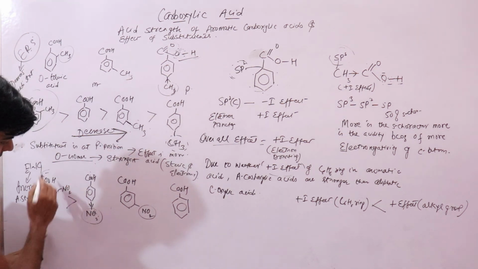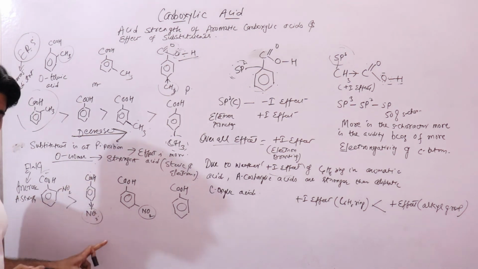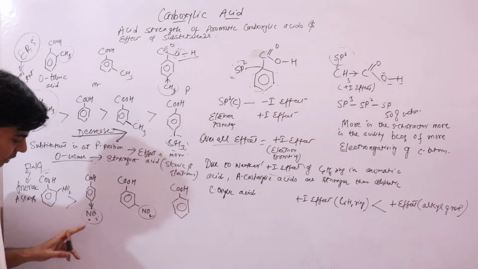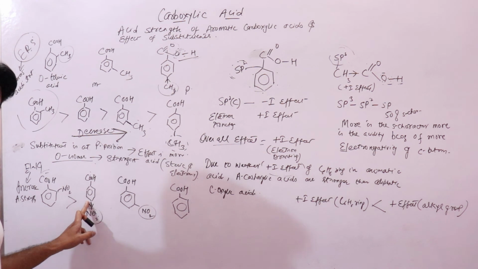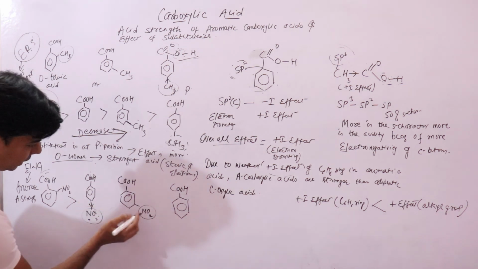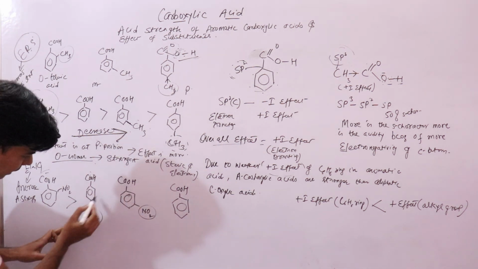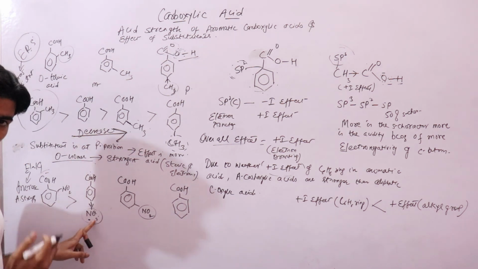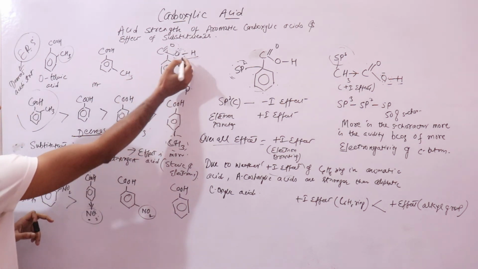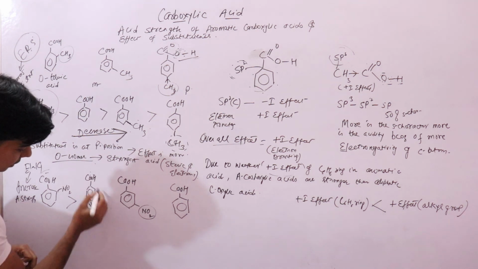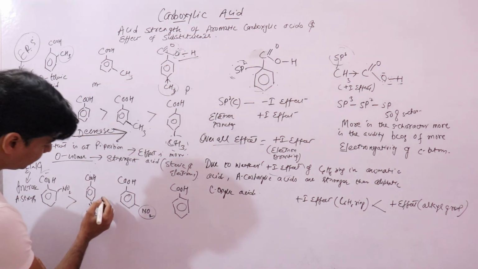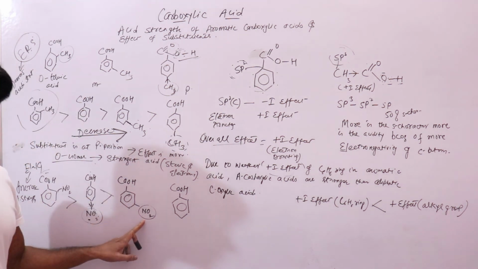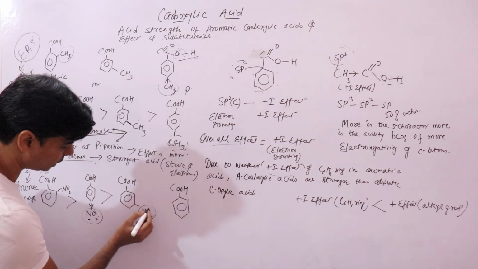Now this is strongest. Then comes this para isomer, because at para position the electron withdrawing effect is more, right? Then comes your meta. So here electron withdrawal is stronger, right? So this makes this bond a weaker bond, because the effect is more at para position. So this would be a stronger acid than the meta isomer, meta nitrobenzoic acid.